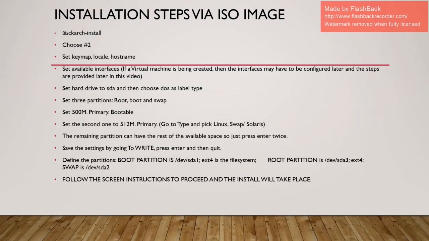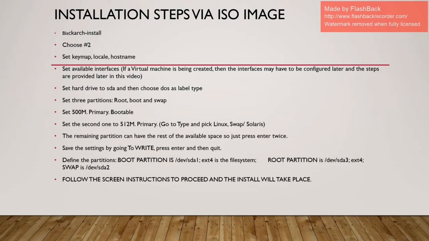In the menu, you will go to type and pick Linux swap / Solaris. The remaining partition can have the rest of the available space. Then you will press enter twice, save the settings by going to write and pressing enter, and then quit.